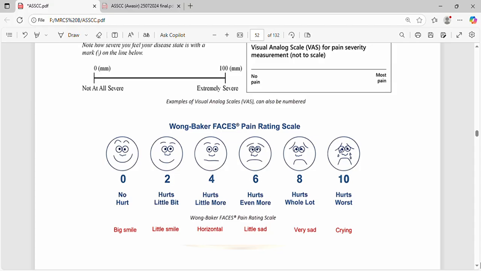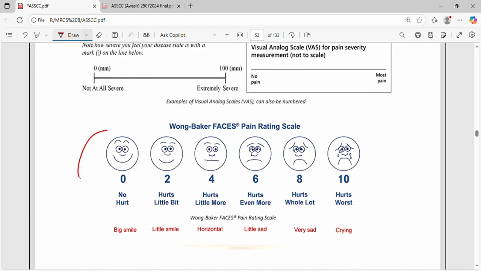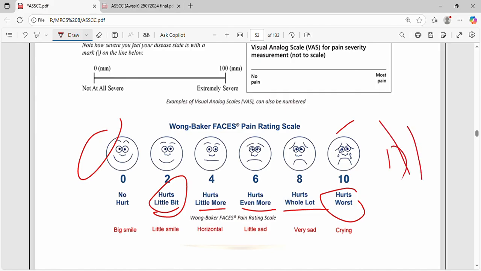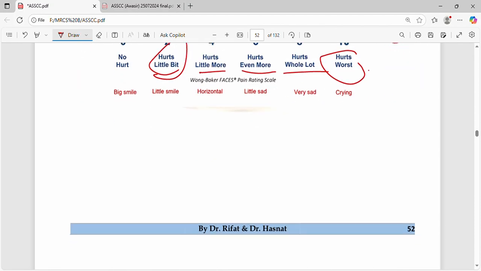So this is a happy face, happy, hurts a little, hurts a little more, hurts even more, hurts a whole lot, hurts worst, and then comes the doctors. So these are the different scales.